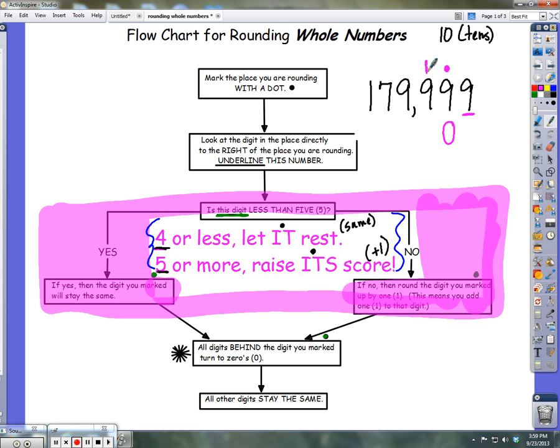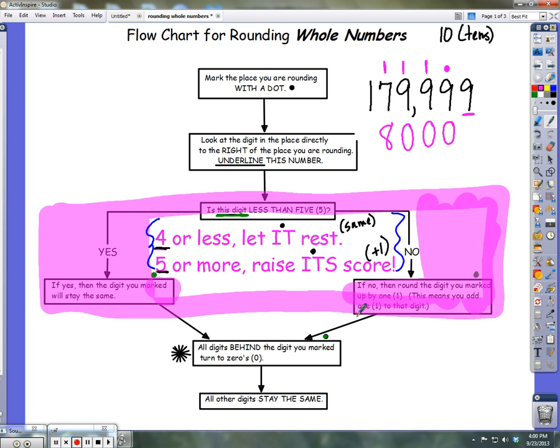The moment you carry, you have to go ahead and add. So 9 plus 1 is 10. Put down the 0, carry the 1, you immediately add. 9 plus 1 is 10. Put down the 0, carry the 1, you immediately add. 7 plus 1 is 8. Now, I didn't have to carry again, so I can stop right there.